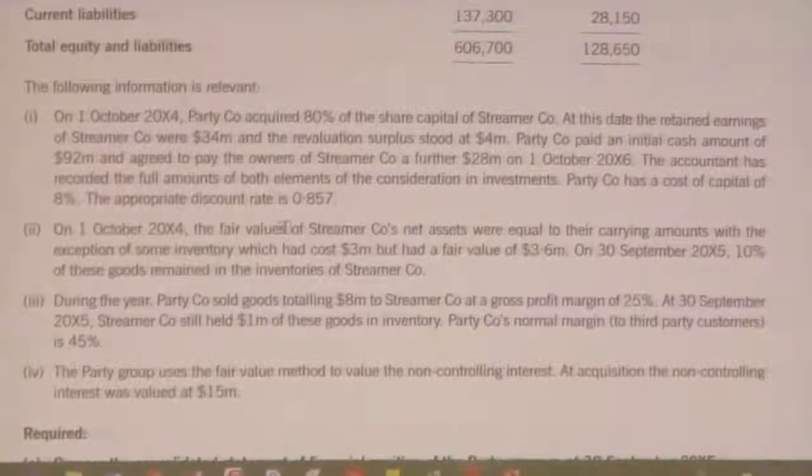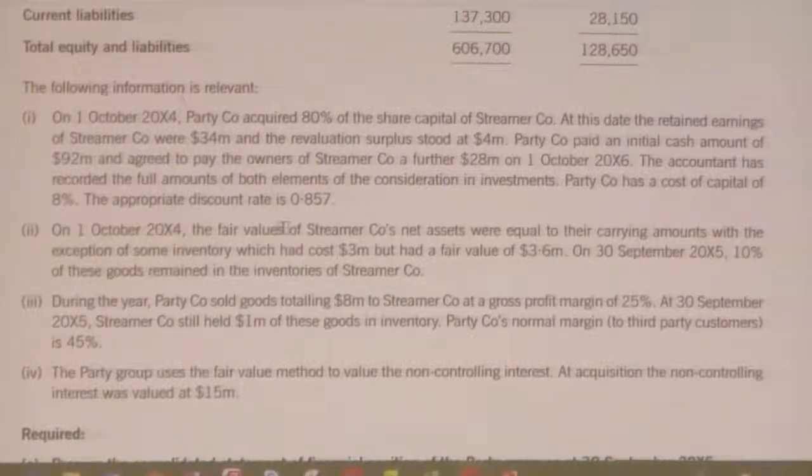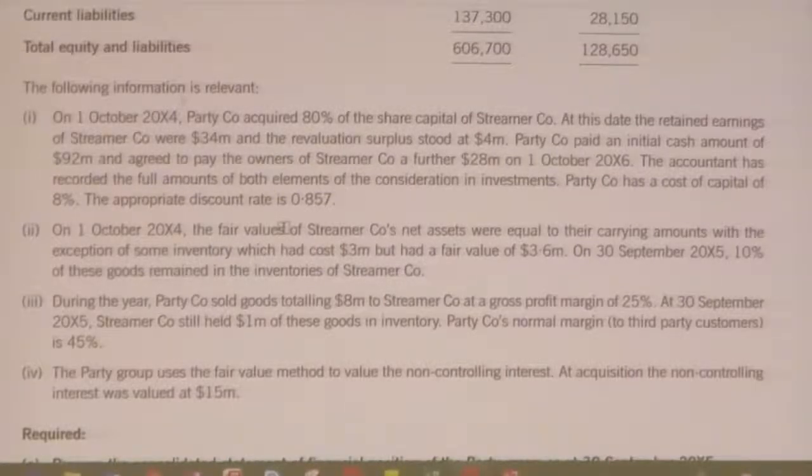Consolidated statement of financial position. I can't use the word balance sheet. Financial position as at 30th September 2015.